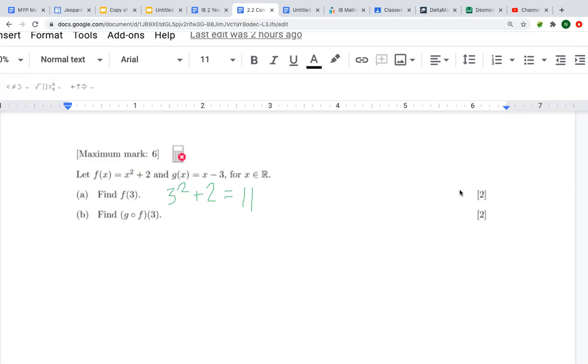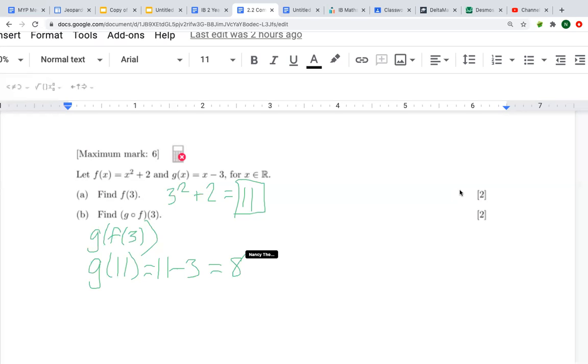You can either plug in the whole equation, or I can rewrite this. This is the same thing as g of f of 3. And since I already know what f of 3 is, I just found that, this is the same thing as saying g of 11. So I can just plug in 11 into g, and I get 11 minus 3, which is 8.